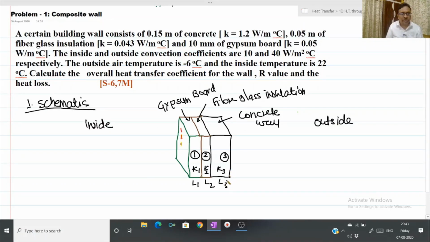As per our convention, fluid is represented by a thin fluid layer. The left hand side represents, in the red color, room air. And let's say its convective heat transfer coefficient is h infinity i and temperature is T infinity i.